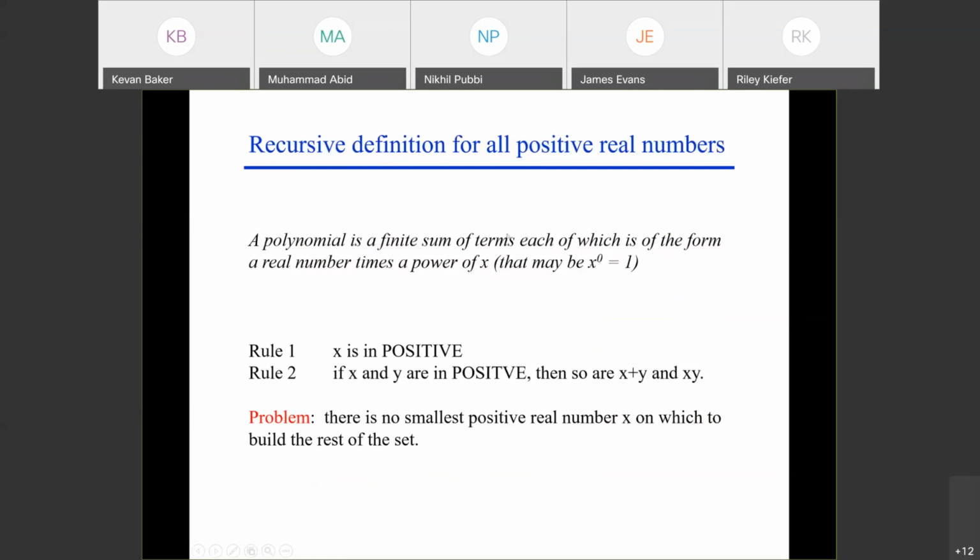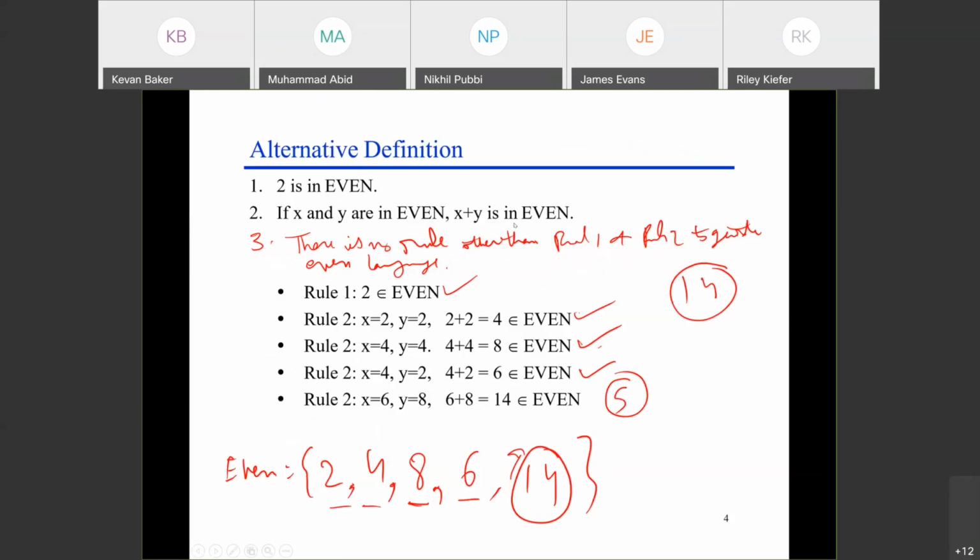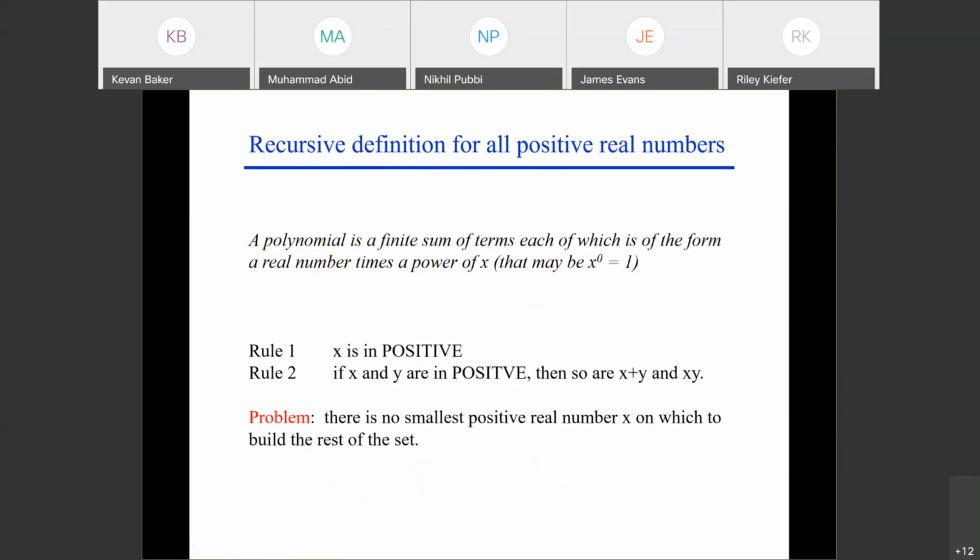So this is one formal definition of polynomial. And now we try to define this, and then we will find some problems, that is, what mistakes we might make when we define any language in a recursive way of definition.